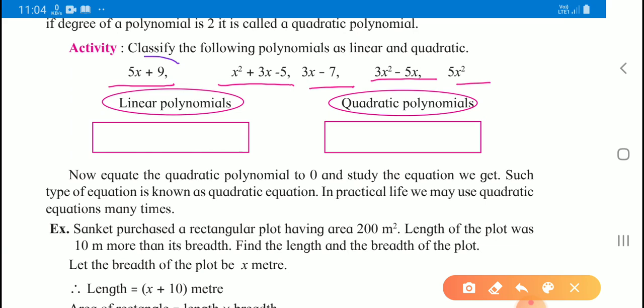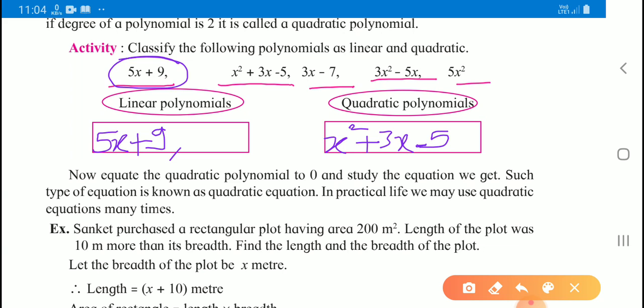So the first polynomial, 5x plus 9, is of type binomial. So it is a linear polynomial. Okay. The second one is x square plus 3x minus 5. Here the degree of the polynomial is 2. So this is the quadratic polynomial, x square plus 3x minus 5.